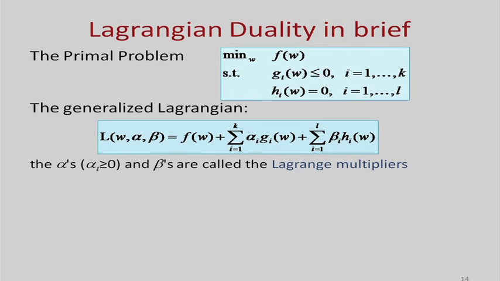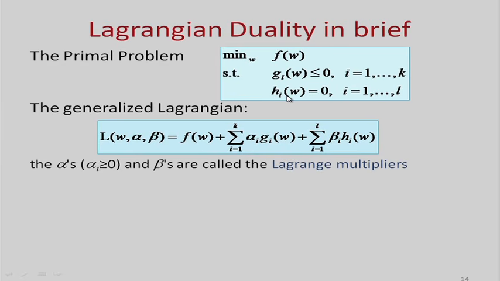You want to find values of w to minimize f(w), and you have a set of linear constraints. There are two types of linear constraints: we have L equality constraints hi(w) equal to 0 and K inequality constraints gi(w) less than or equal to 0. All these constraints are linear.